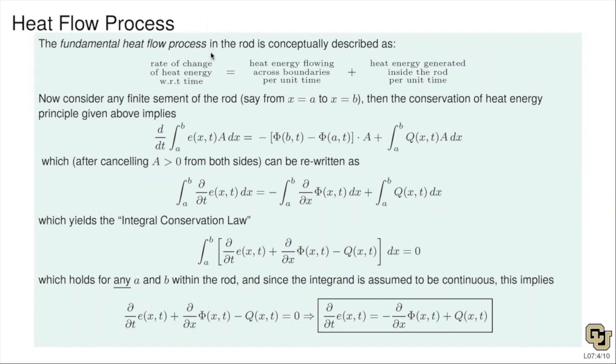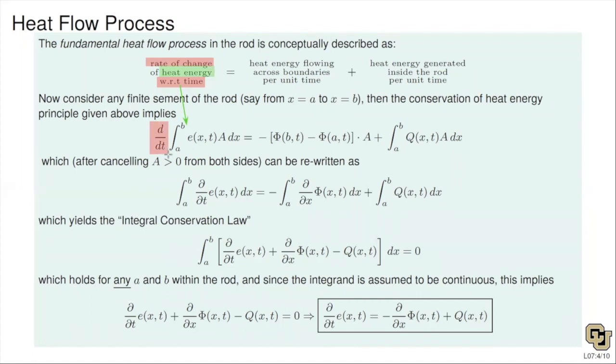So remember, rate of change, that's a derivative, and we have an expression for the heat energy. So this entire side we can write mathematically like this, with the time derivative right there.